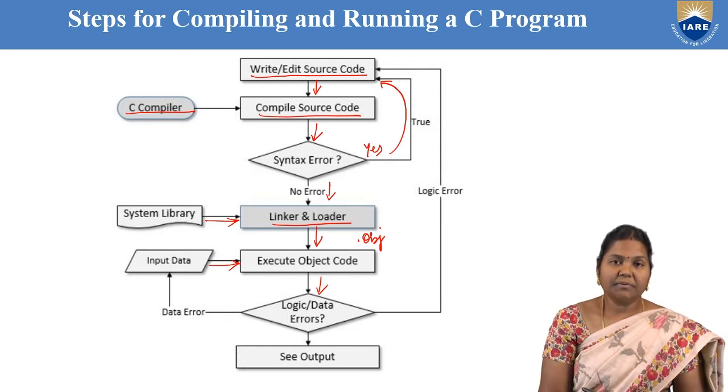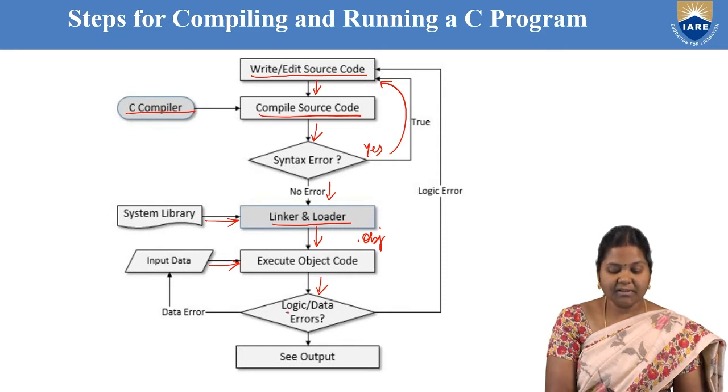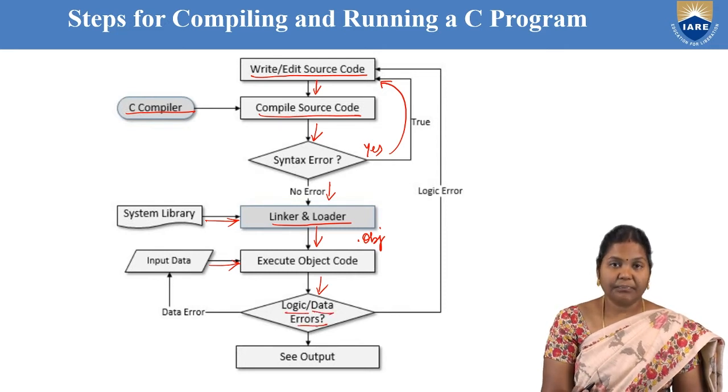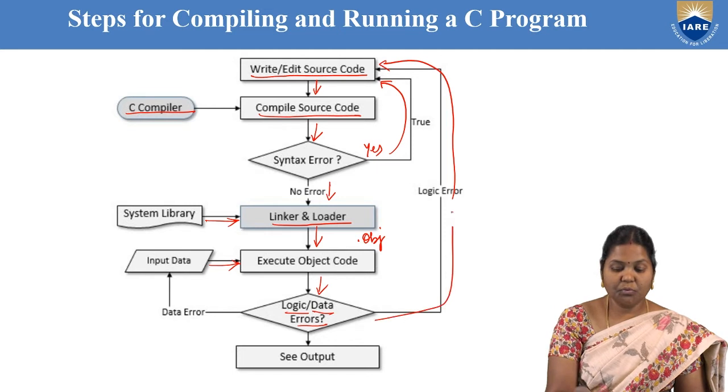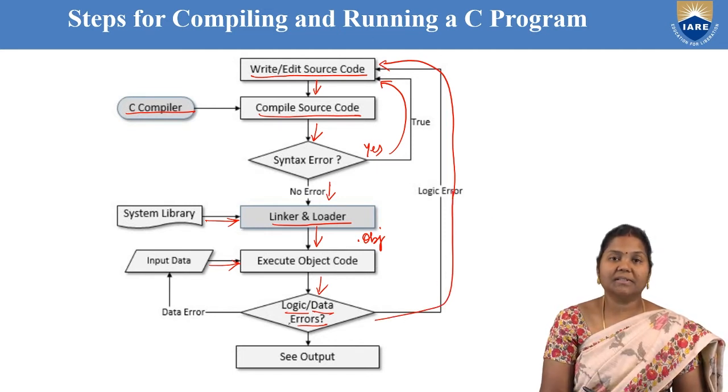Now, there are 2 types of errors normally. One is called syntax error, and the other is runtime errors. Suppose syntactically no errors are there in your program, but during runtime there may be some logic errors or data errors. If this kind of errors are there, then go back to your source code, edit it, and again complete all this process step by step.